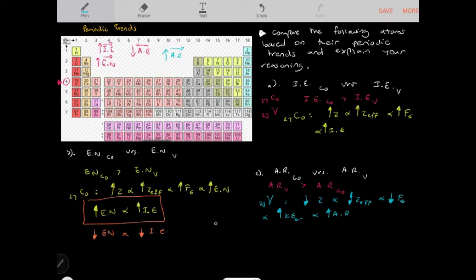Now you can understand that the electronegativity is lower and the ionization energy is lower, but the atomic radius is higher. So this tells us that there is an inverse relationship, right? There's an inverse relationship between electronegativity and atomic radius, and there's an inverse relationship between ionization energy and atomic radius.